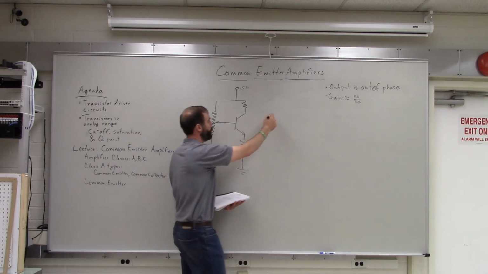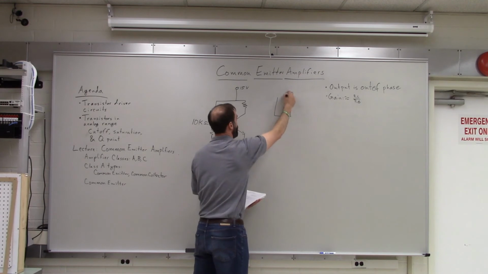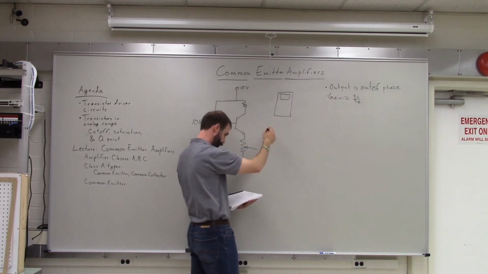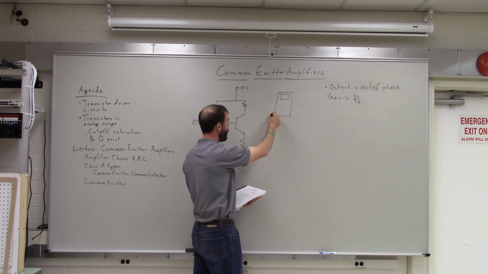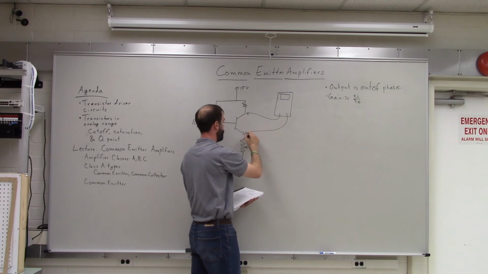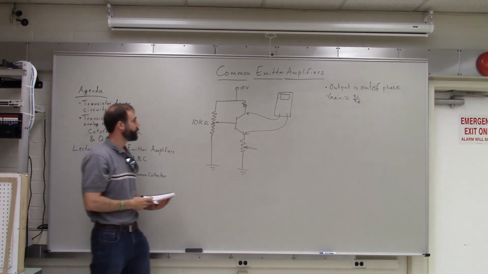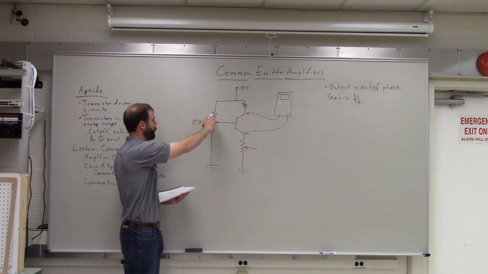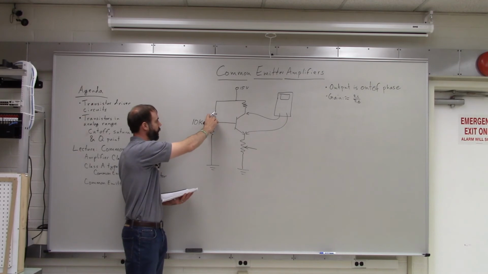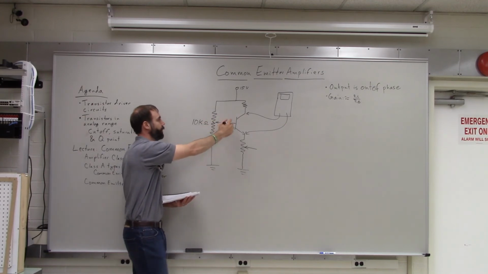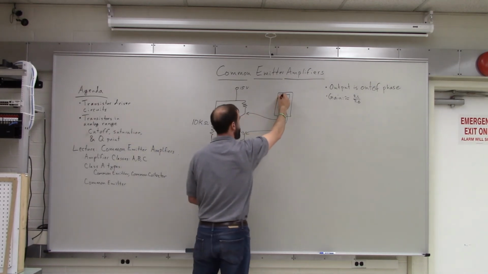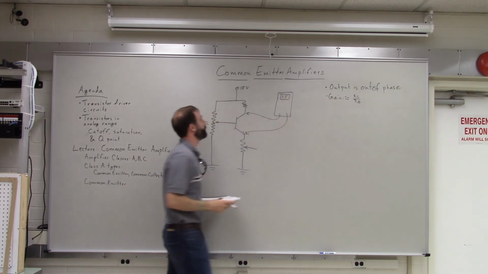And you're going to connect a meter over here, and you're going to measure the voltage between the collector and the emitter. So you're going to set the circuit up, and then you're going to tune the potentiometer here until you see 7.5 volts in your meter, right?